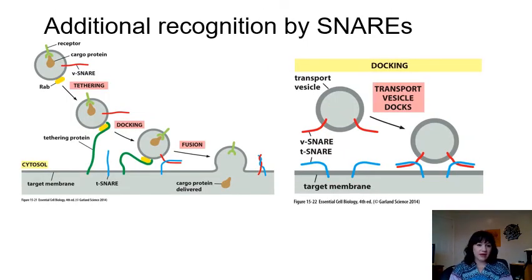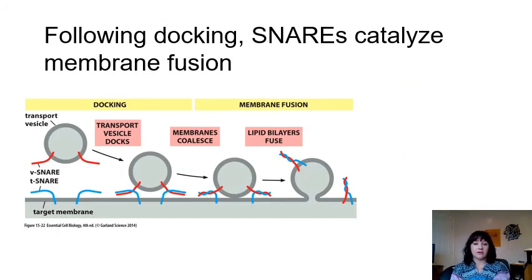Now, after tethering, we have docking, all right? So in addition to recognition via RAB and tethering proteins, we have snares. We have a V snare and a T snare, right? This vesicle gets brought close due to the tethering protein, but it has not yet fused with the cell membrane.